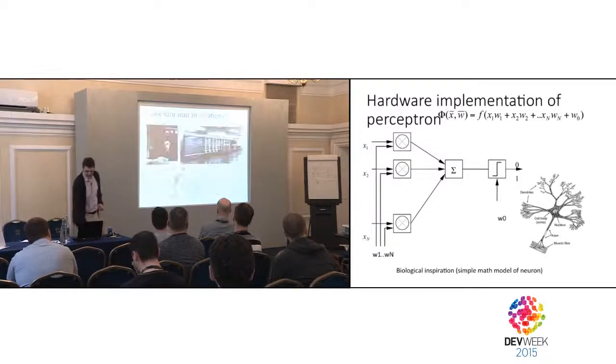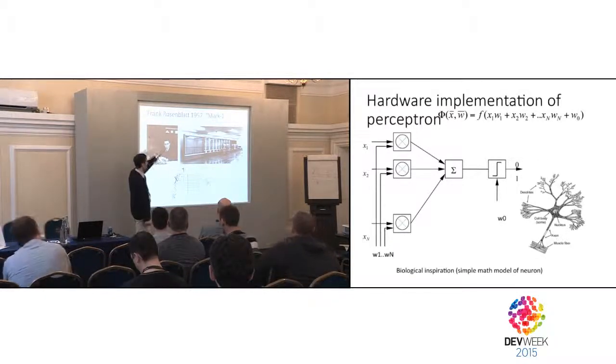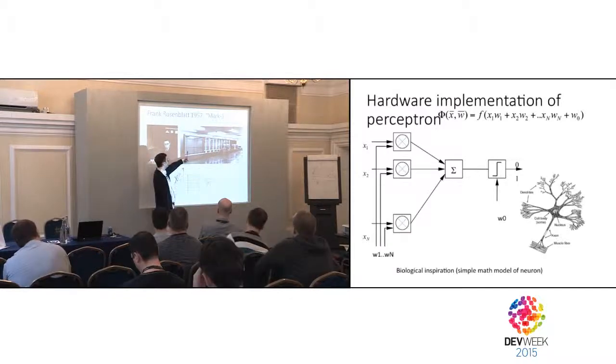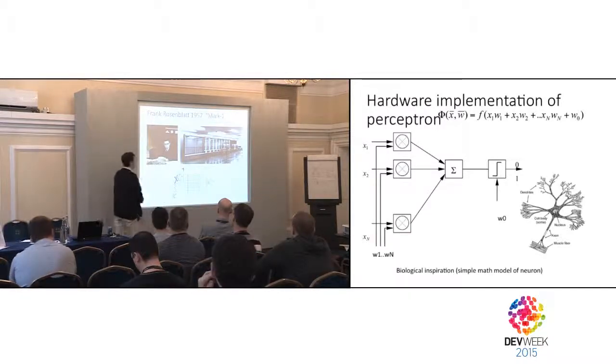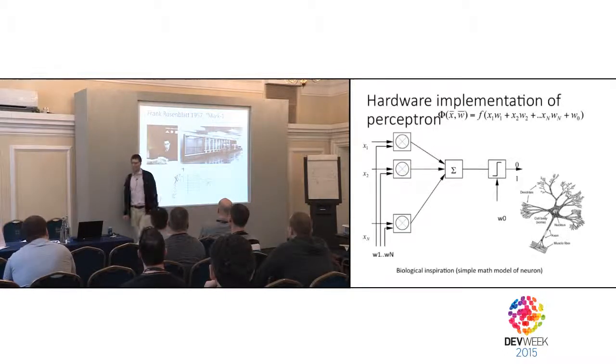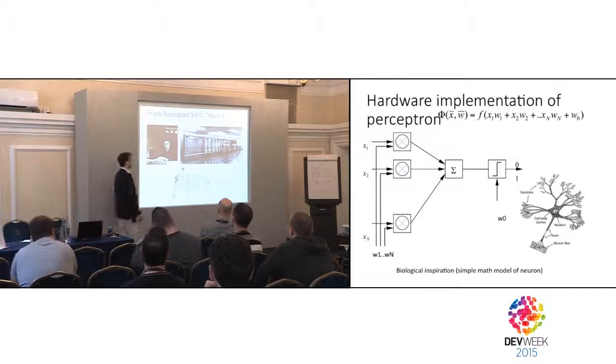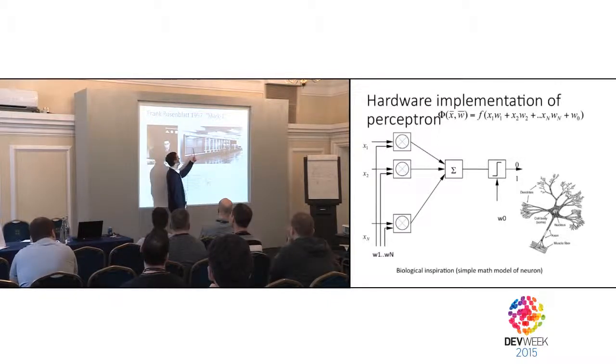And actually, it was studied by Frank Rosenblatt after the Second World War. His first perceptron machine, developed in 1957, was capable of recognizing letters. The size of this machine was like one floor. But it was the very first artificial intelligence machine built.